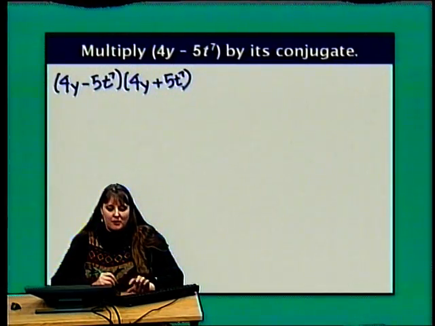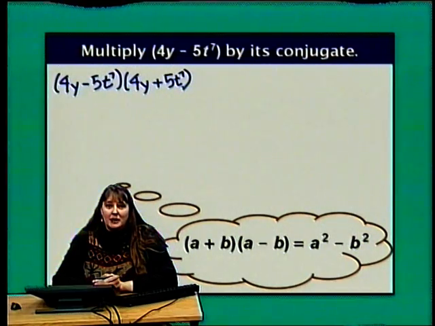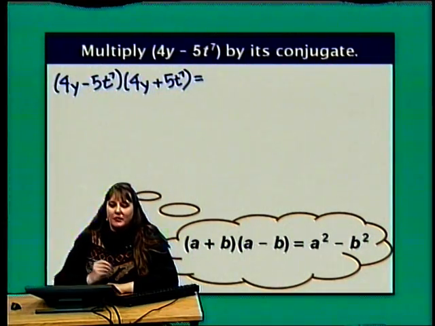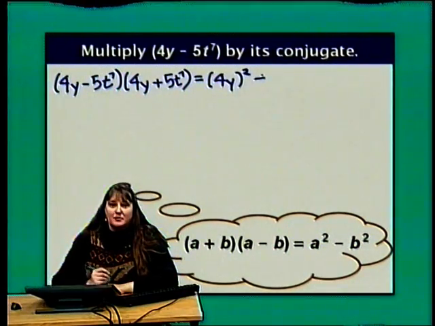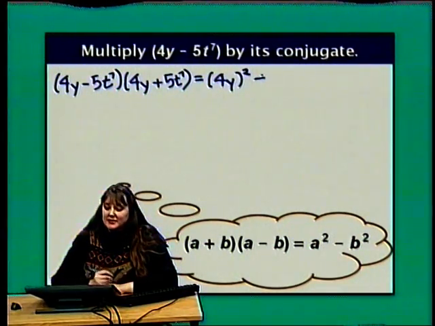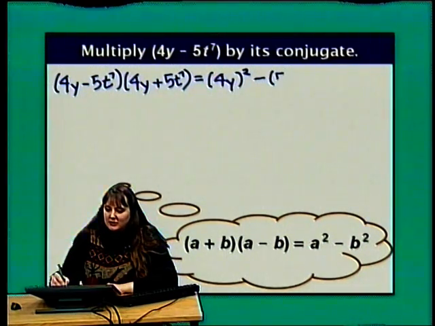Next, we need to remember our special products rule. A plus b times a minus b is a squared minus b squared. So in this case, a is 4y, so we need to square 4y, minus b squared. Well, b in this case is 5t to the 7th. So we need to square 5t to the 7th.